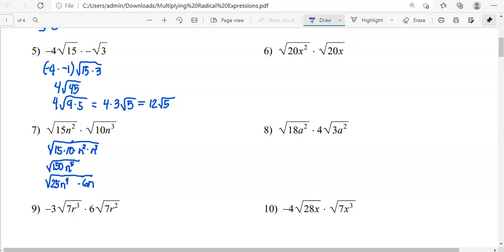Okay, then kunin natin square root ng 25 n raised to 4. So the answer is 5 n squared.